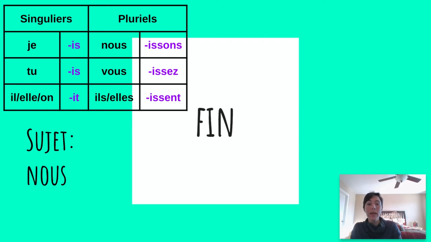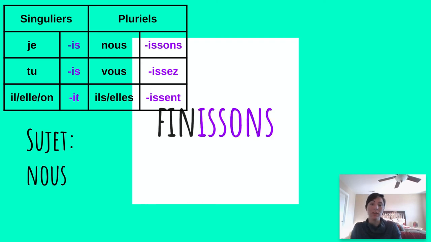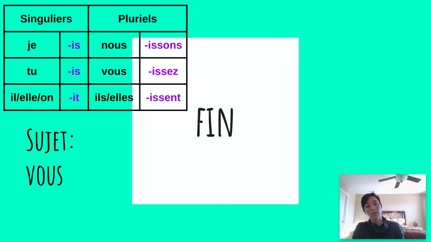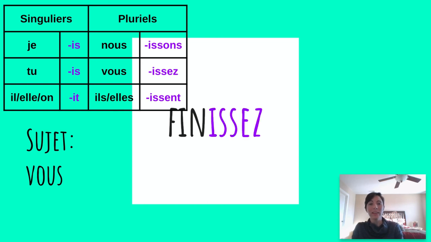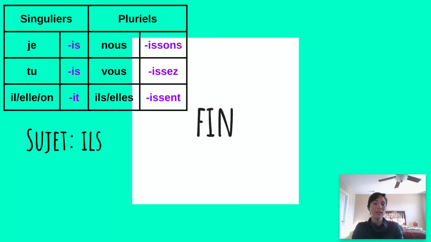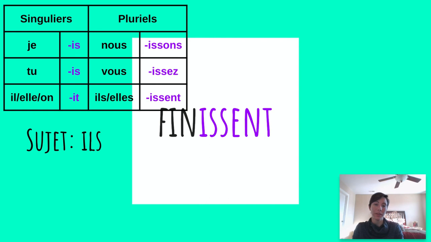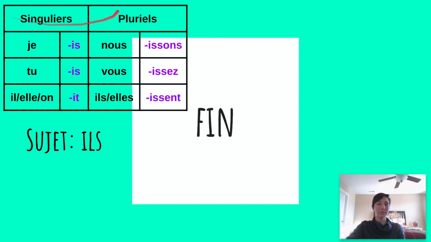What about we finish our homework? Nous finissons. Vous finissez. Ils, plural, finissent. Like that. Very good. Okay, so again, we drop our infinitive ending of IR and add our new present tense ending right here.